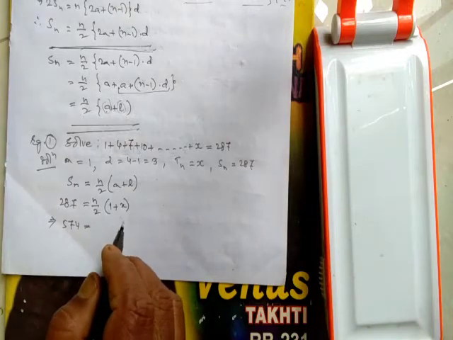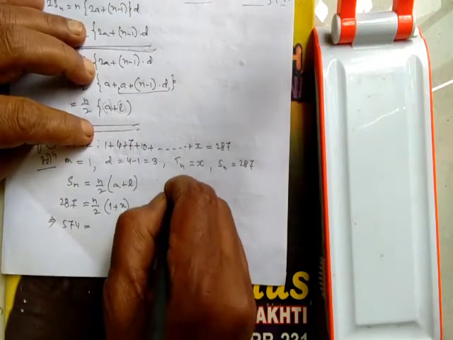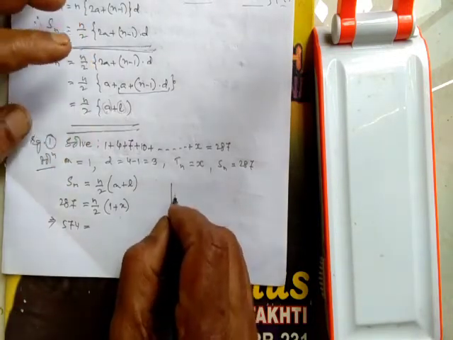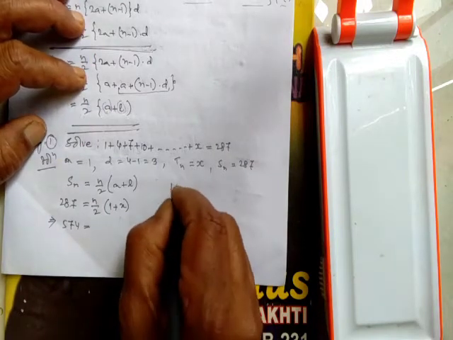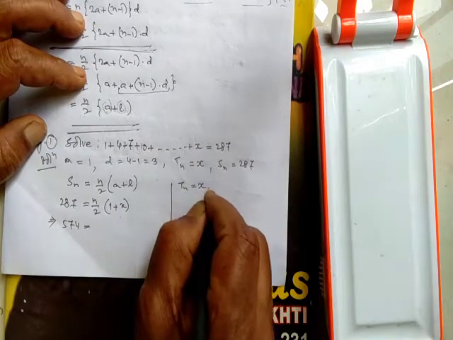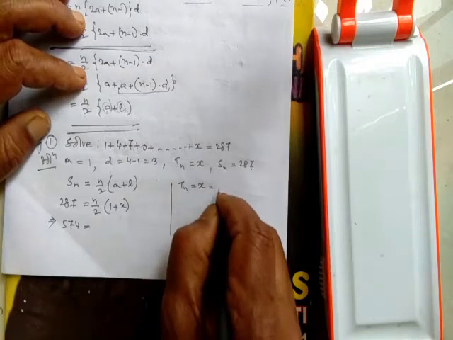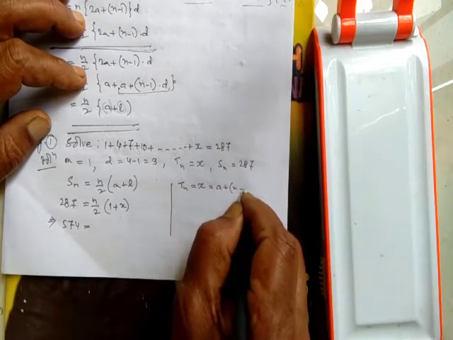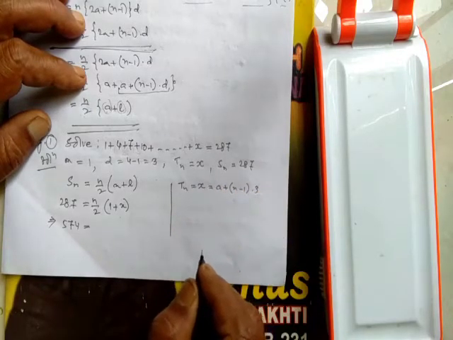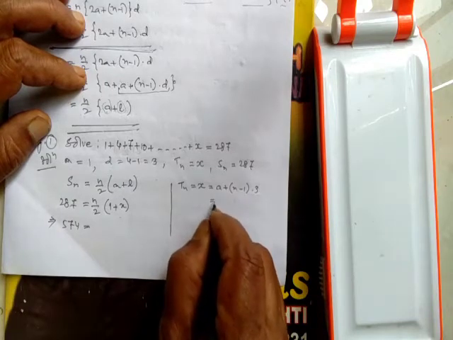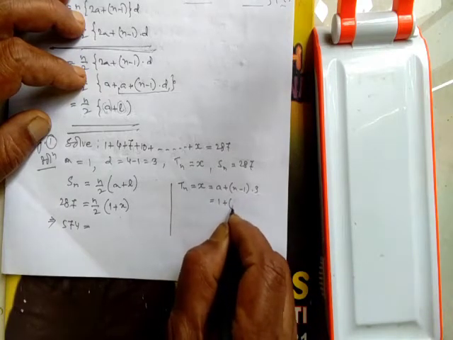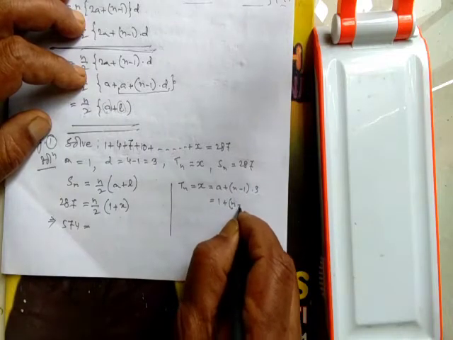I have to find out x at first, just 1 minute. Let me take this side. Tn is equal to x is equal to a plus (n minus 1) into 3. This is equal to 1 plus (n minus 1) into 3, where n we don't know, n is n only.